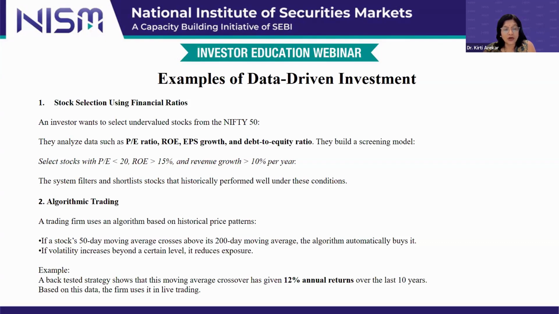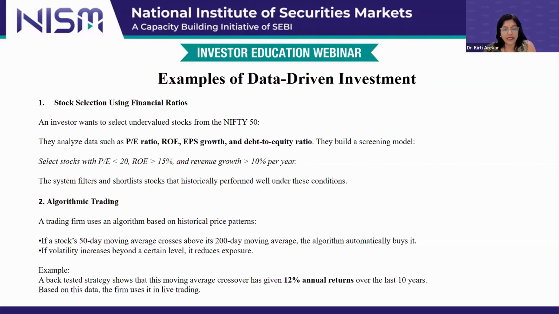First, if a stock's 50-day moving average crosses above its 200-day moving average, then automatically the algorithm will give you the result to buy the stock. And if volatility or the risk increases to a certain level, it will reduce the exposure.